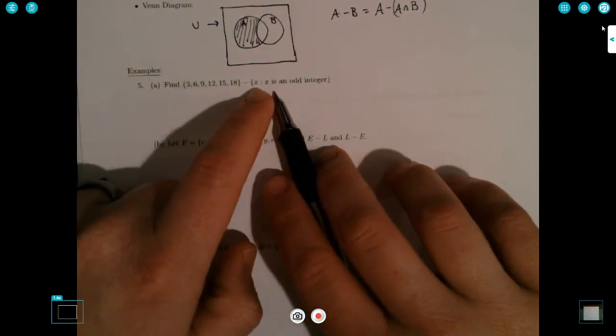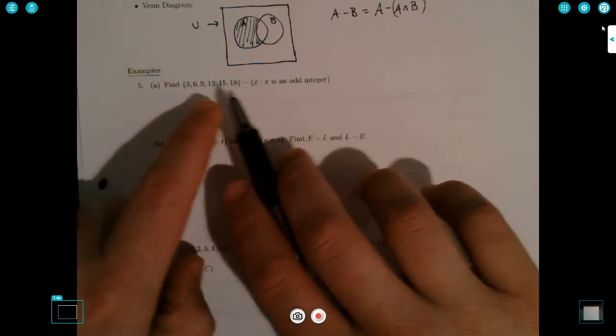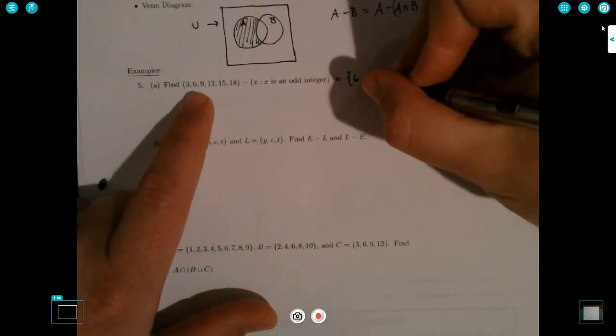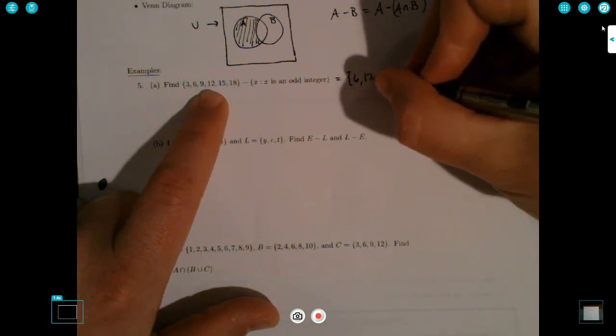So we want to remove any odd integers out of this set, right? Well, 3 is an odd integer, so it's got to go. 6 is even, so it can stay. 9 is odd, so it's got to go. 12 is even, so it can stay. 15 is odd, it goes. 18 is even, it stays, right? So there's that set difference.